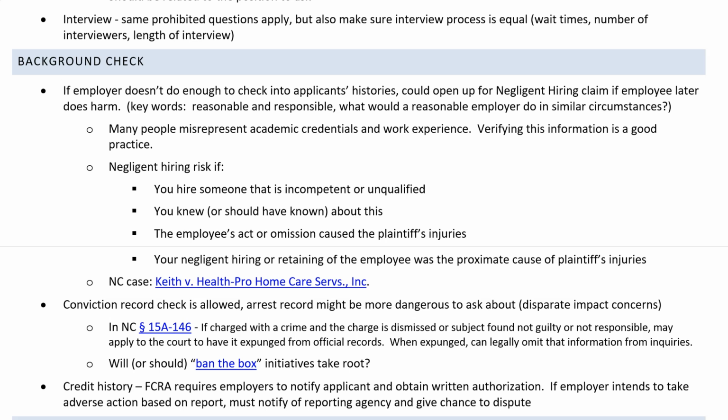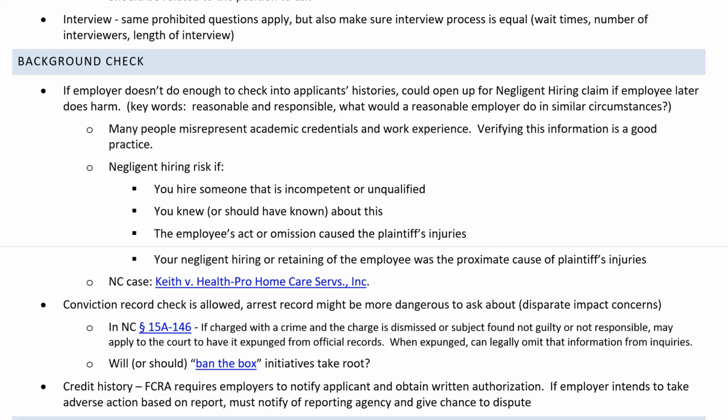Some keywords that we're looking at here is the background check reasonable and responsible? What would a reasonable employer do in similar circumstances? So an easy example is if I don't do a criminal background check on somebody, and then my employee goes out and assaults somebody or steals property from somebody, from a customer.